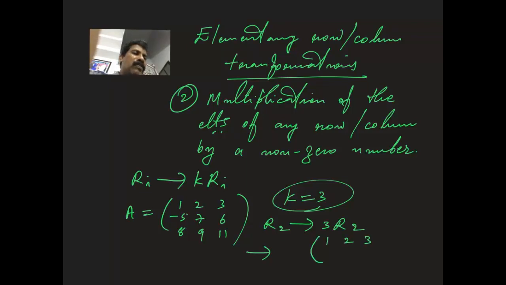No change with respect to the first row and nothing change with the last row. Only the change is with the second row. Second row elements will be multiplied by 3, the scalar. So 3 into negative 5 and 3 into 7 and 3 into 6. That's all. So this is the transformed matrix.